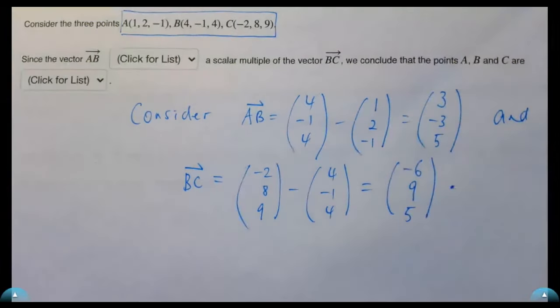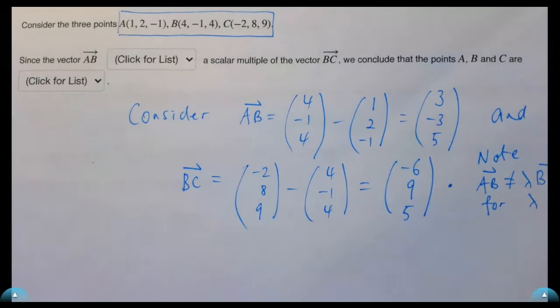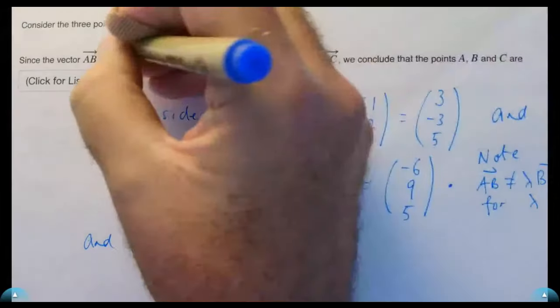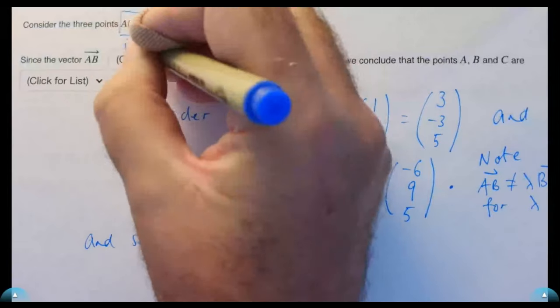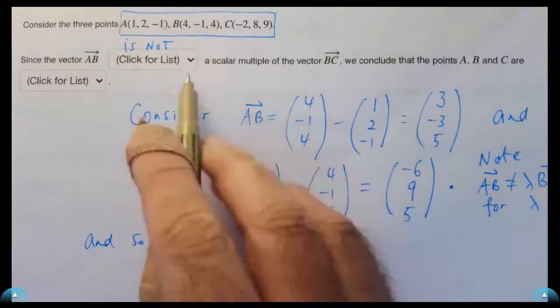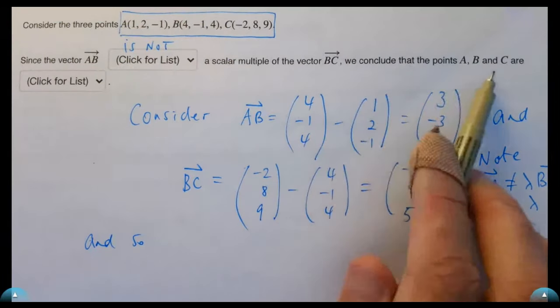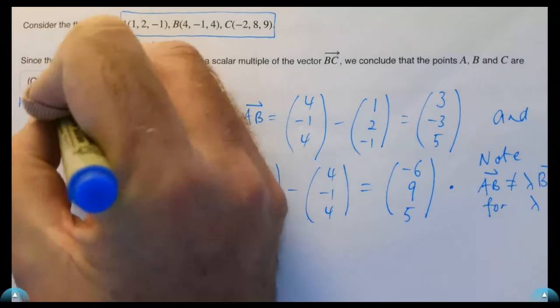So we would say that AB is not a scalar multiple of BC. And so you would say here you would have a little click down list, and this would be is not a scalar multiple. And so what can we conclude? We conclude that the points A, B, and C are not collinear.